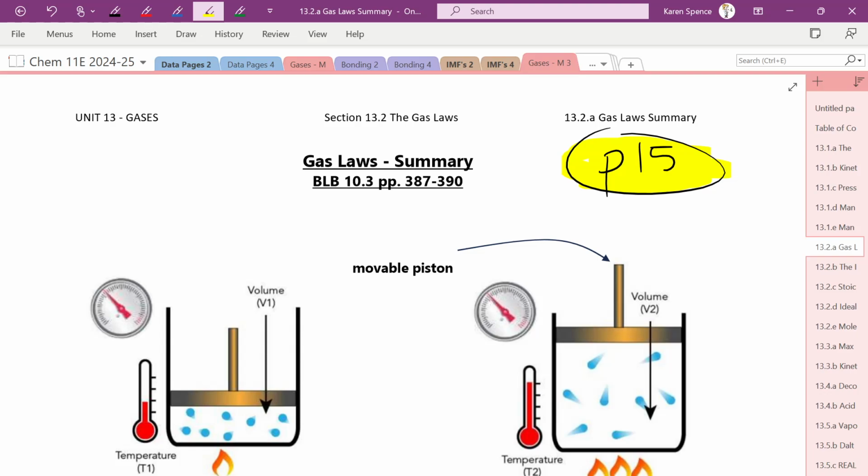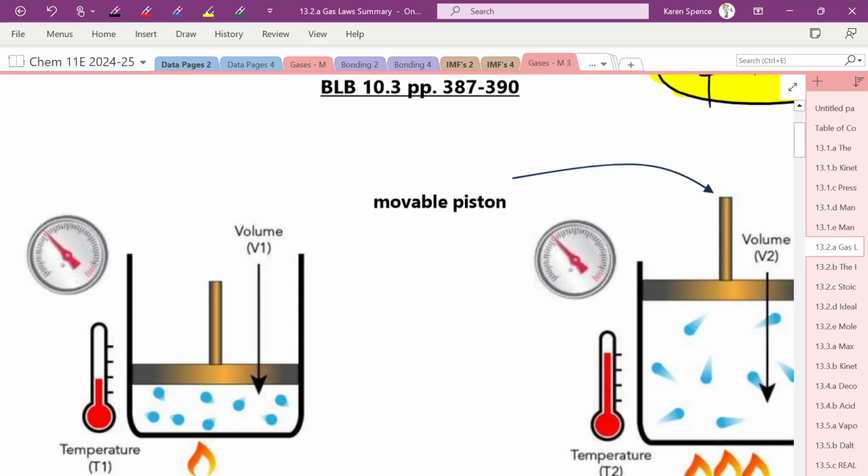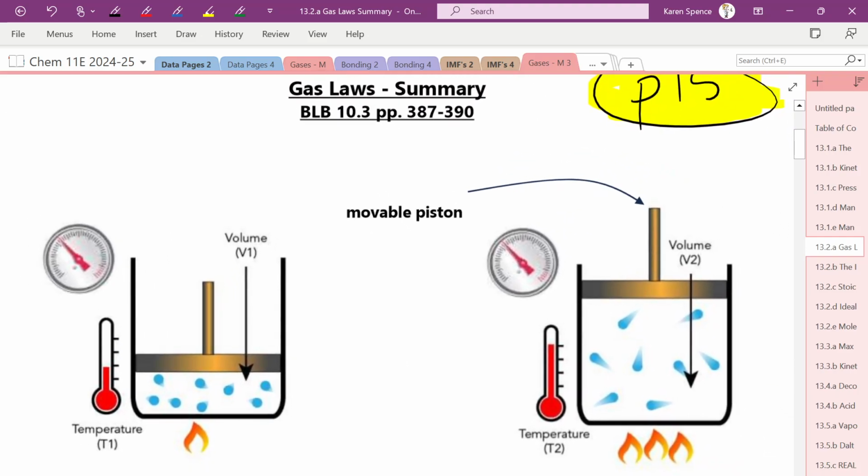Okay, so gas laws. These are all pictorial. Page 15. So you'll notice, what is staying the same between these two? This, by the way, is a pressure gauge.